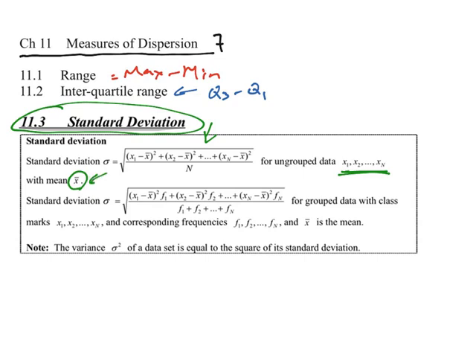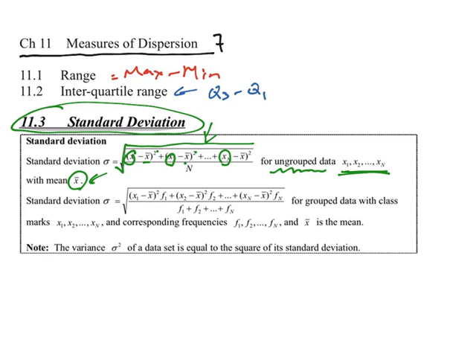Then for every data, for the first data we minus the mean, take square. Second, minus mean, take square, and add until the last data minus the mean, and then square. Finally, we divide by n, the total number, and then take the square root. That is the ungrouped data.